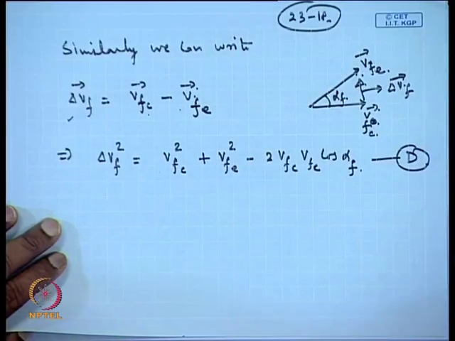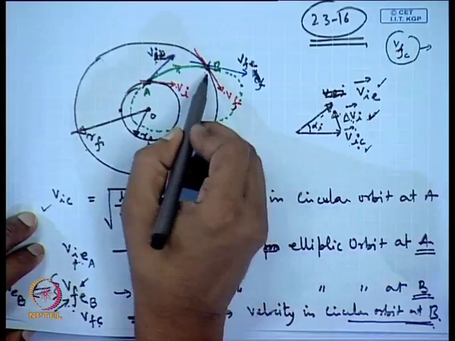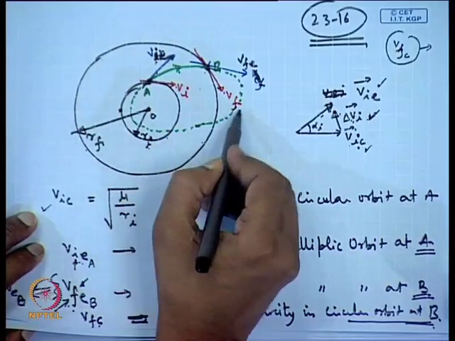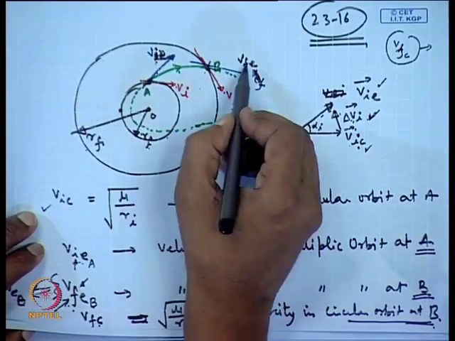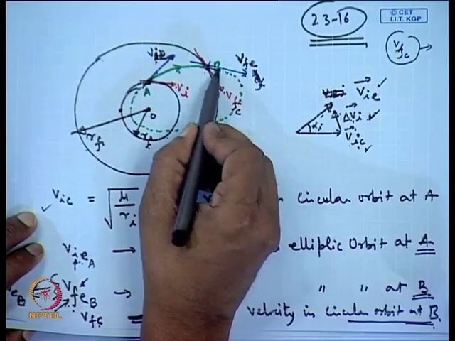For that we have the case here. This is the velocity in the circular orbit, we put here V_FC, and this is the velocity in the elliptical orbit, which is shown here by the blue color arrow.